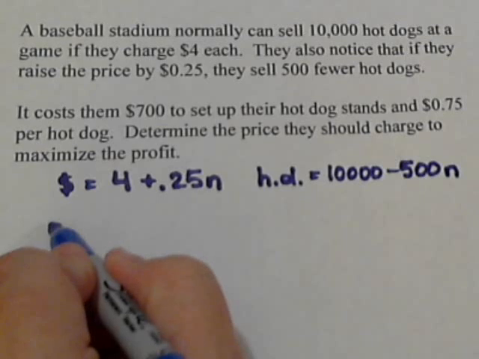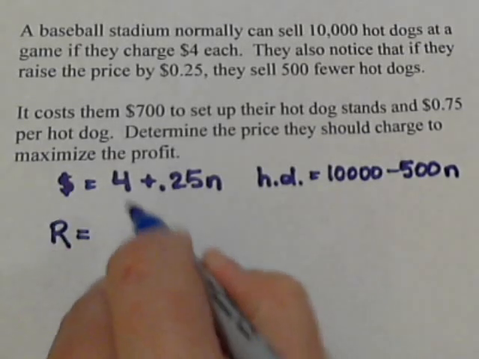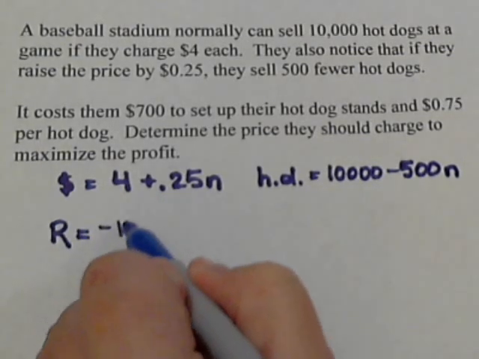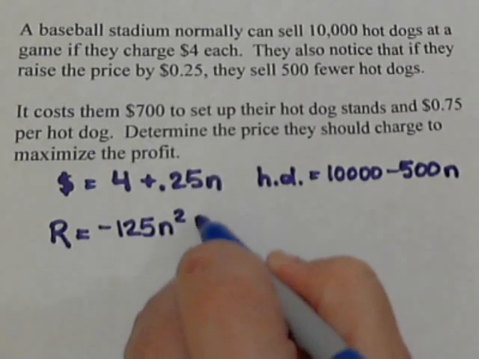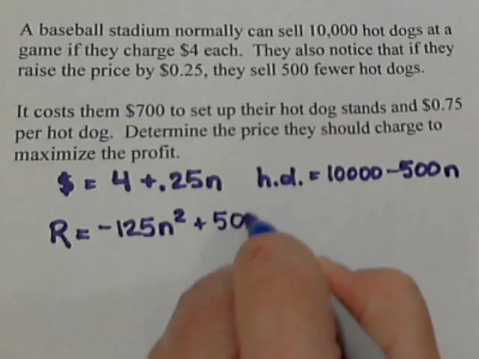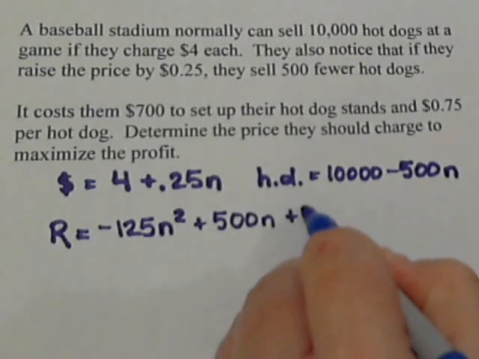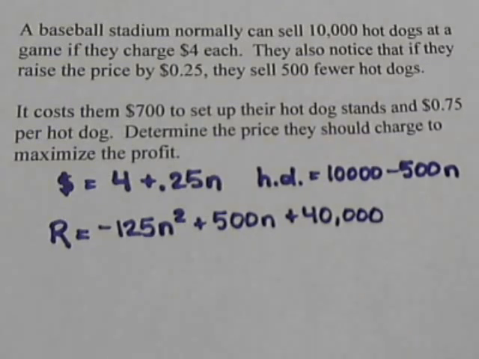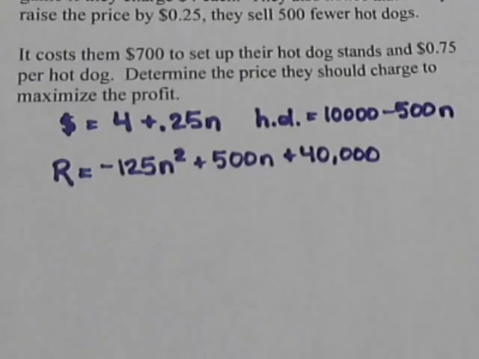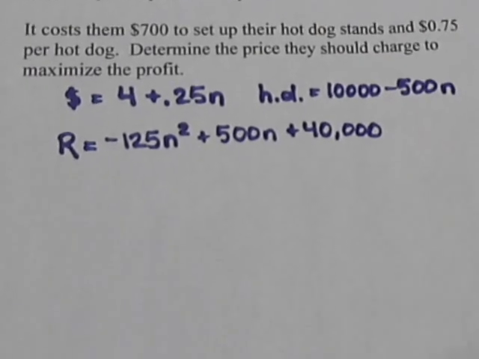And we calculated that our revenue formula is going to be negative 125n squared plus 500n plus 40,000. That's what we did before in the maximizing the revenue problem. If you don't remember this or it doesn't make sense, please go back and watch that video clip again. All right, but we're on to do maximizing the profit.